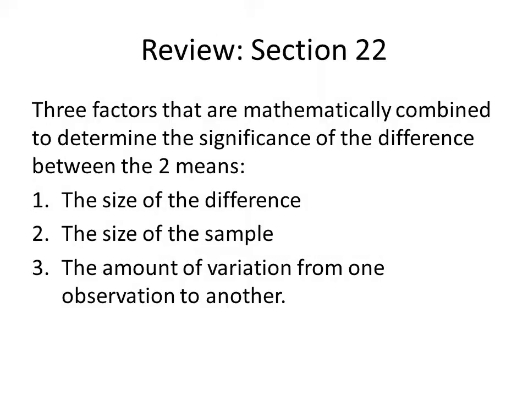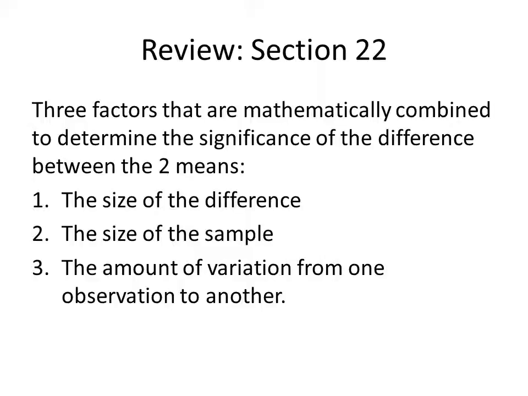So let's review in section 22. We were looking at the three factors that are mathematically combined to determine the significance of the difference between the two means, and we were looking at the t-test.